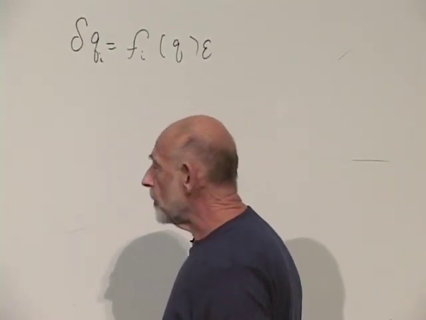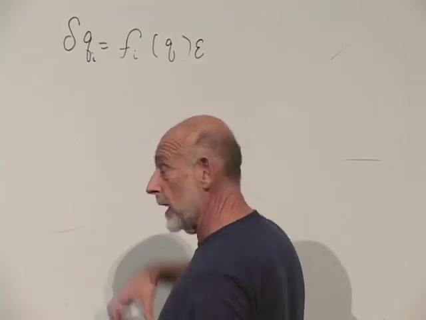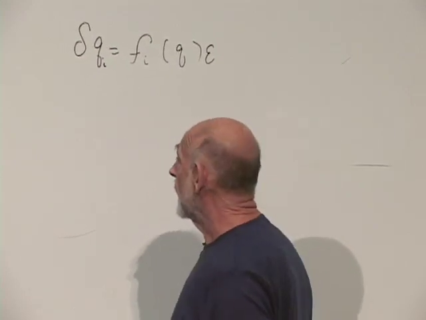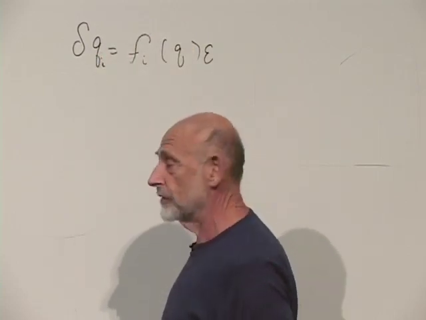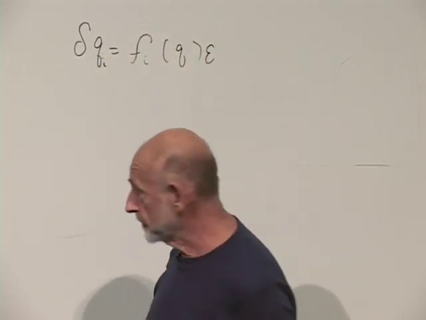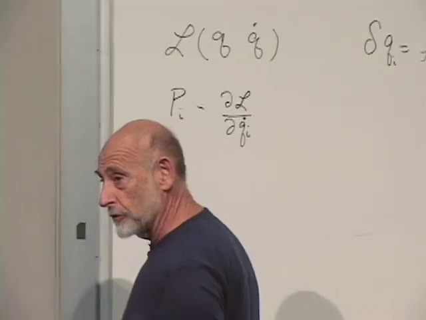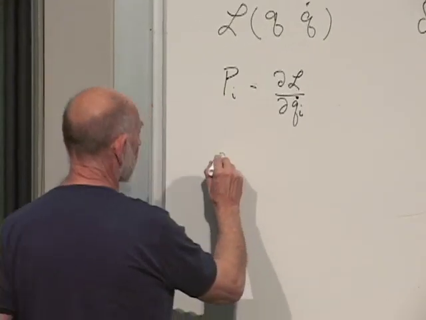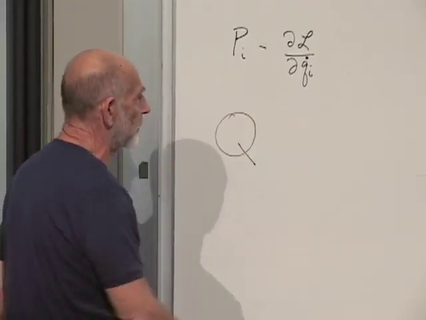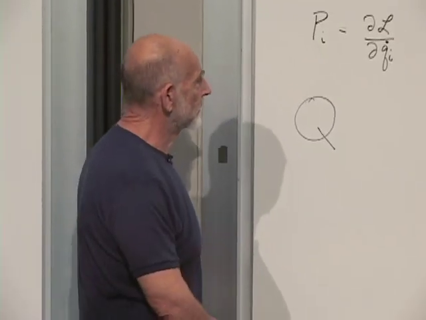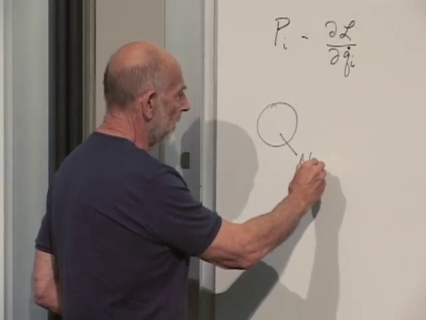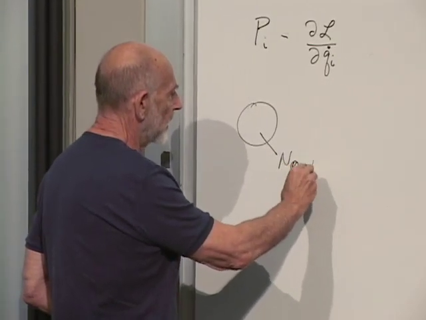The conserved quantity, which in that particular case would be angular momentum, is constructed out of the p's and the variations of q's. So I'm just going to write down the formula for you. It's called the Noether charge. It's also called in quantum mechanics the generator of the transformation, often labeled capital Q. Let's call it Noether, N-O-E, just to remind you.